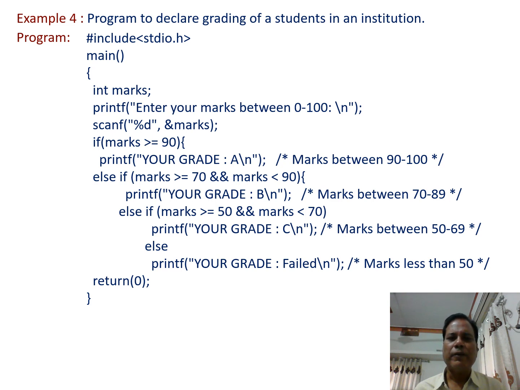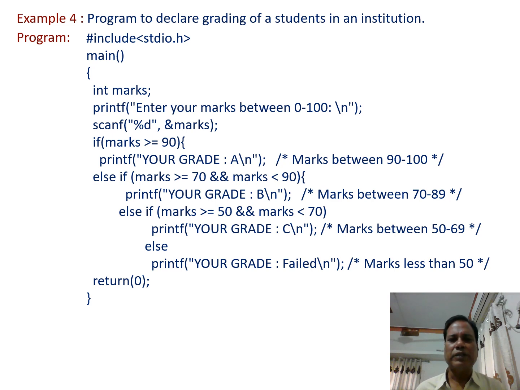int marks semicolon. This declares marks as an integer variable, as we have to input the marks of the student. The printf statement prints, enter your marks between 0 to 100, on the output screen, whereby we enter the marks.